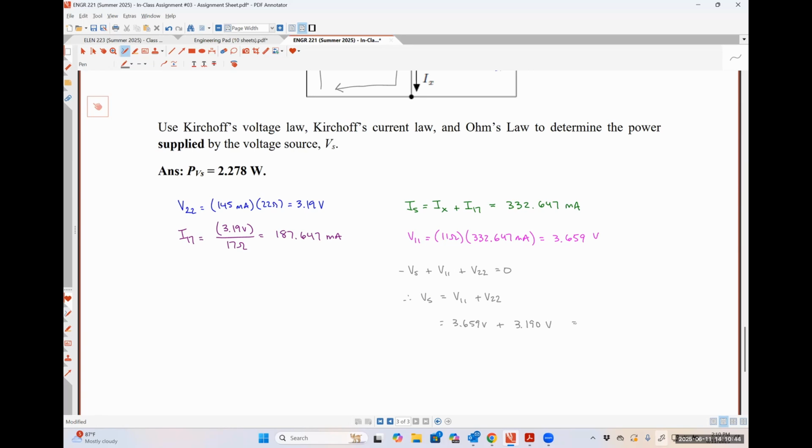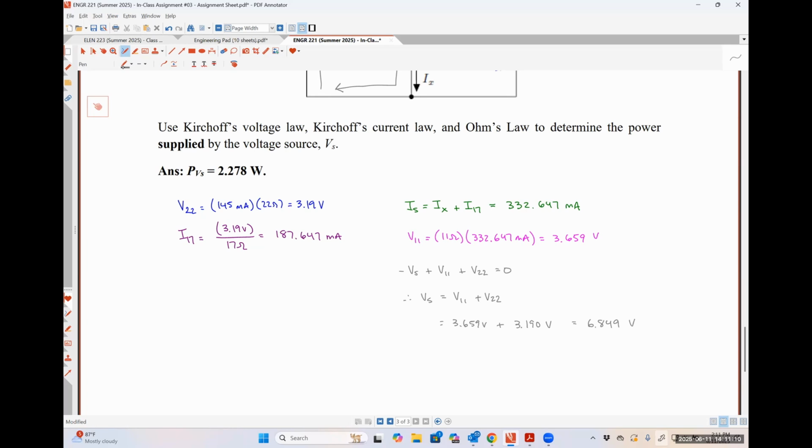And when I add those together, I get a voltage of 6.849 and some change volts.